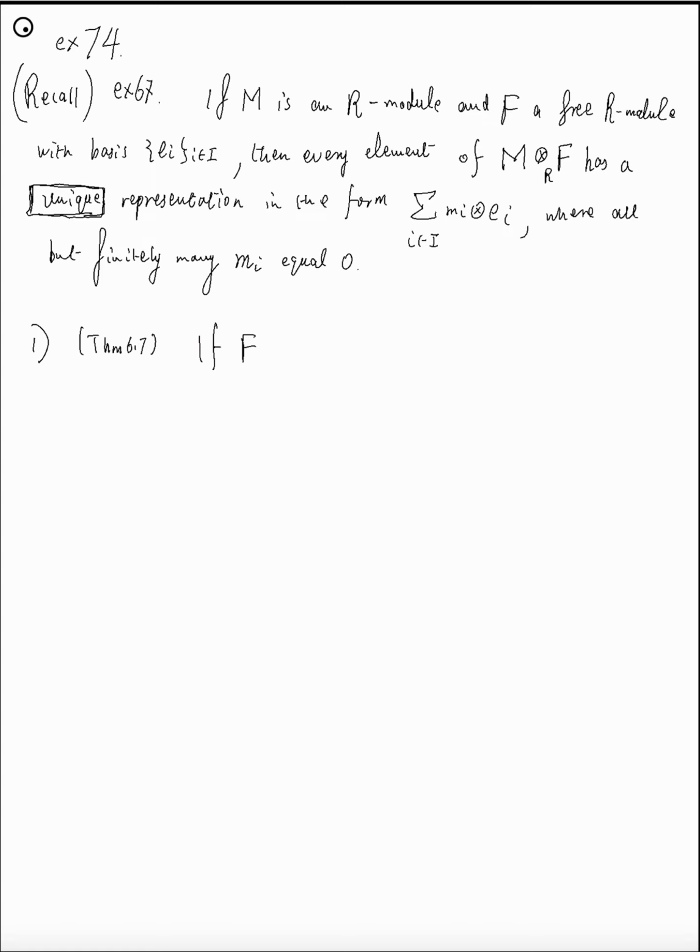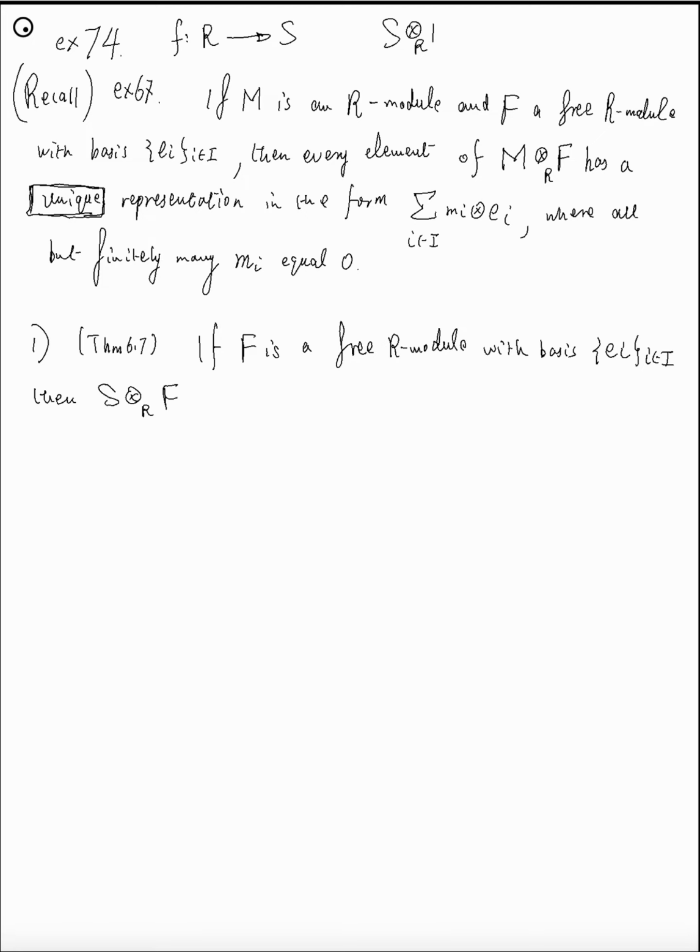So if F is a free R module with basis e_i indexed by I, then consider this extension of scalars from R to S. I should say that there is a ring homomorphism from R to S, where S is a ring, and we could change an R module into an S module by extension of scalars.